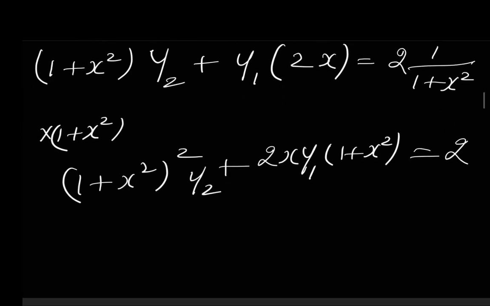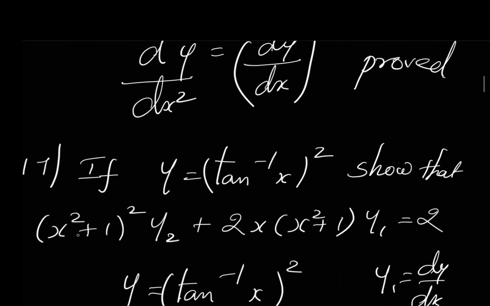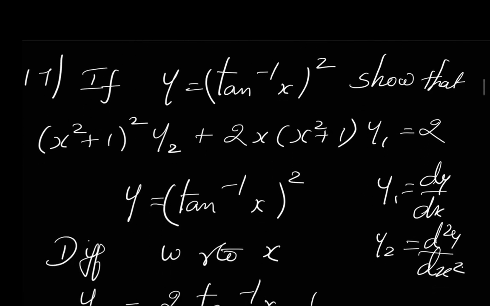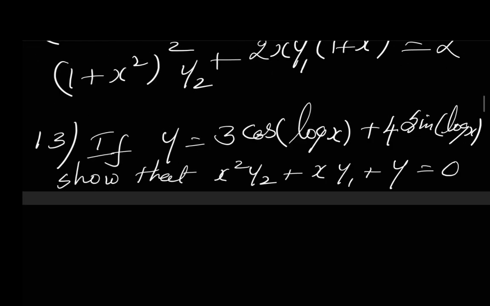So, this is the answer. You just see the proving part. x square plus 1 the whole square y2 plus 2x y1 into x square plus 1 is equal to 2. So, with that we prove the answer.